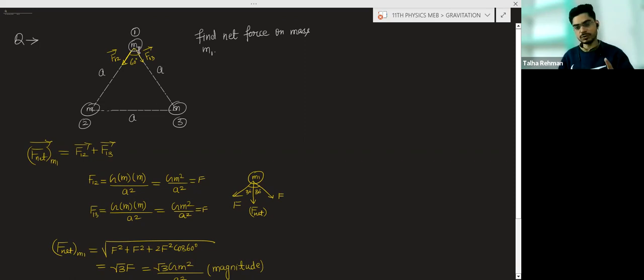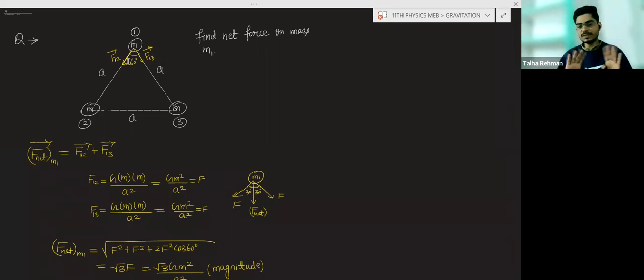There is only one force, but here another mass is also present. So due to this mass also there will be another force. One force on this mass is in this direction and one force is in this direction. Basically, adding the forces vectorially is the superposition principle.